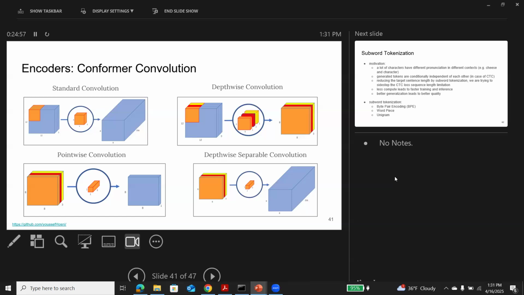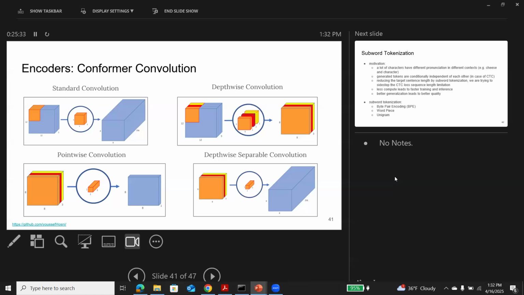You don't need the plus 3 there; that was just showing what the pointwise convolution is. So plus 256 times 3. You can see that we will have much less parameters.